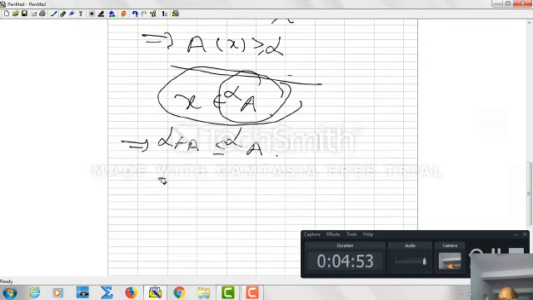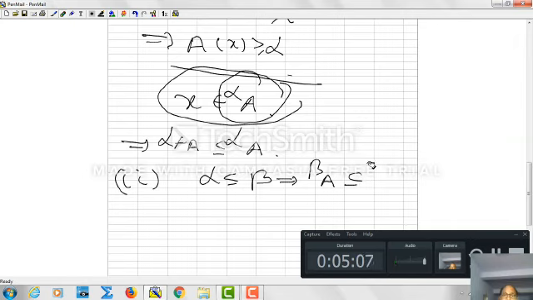Similarly, we can prove the second property. If alpha is less than or equal to beta, then this implies the beta cut of A is a subset of the alpha cut of A. Again, it means this is a subset of this. So taking any element of this, we want to show that it is also an element of this.